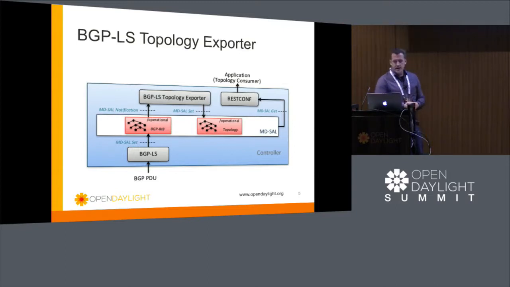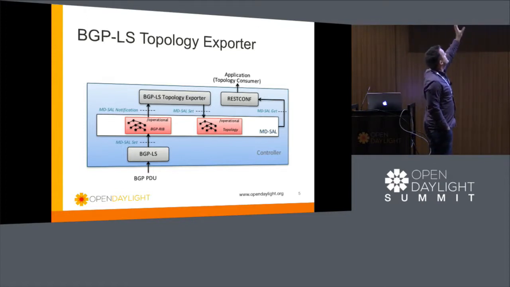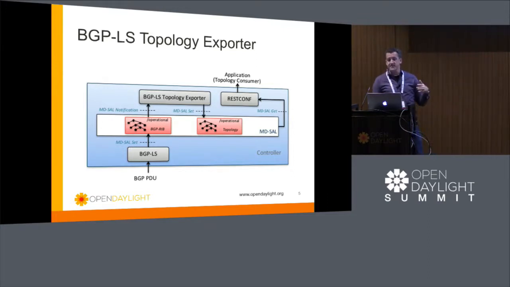Of course, I've missed out the details, I suppose, around the adjacent RIB-in and the effective RIB-in. But what you can see is this is how we're leveraging MD-SAL and OpenDaylight. So we're learning from BGP, so we're learning BGP link state routes. We're pushing them into the operational RIB. And then we have this topology exporter application, which in a sense, you can see this as one of those applications that sits in the middle of OpenDaylight, although it is part of the plugin project.